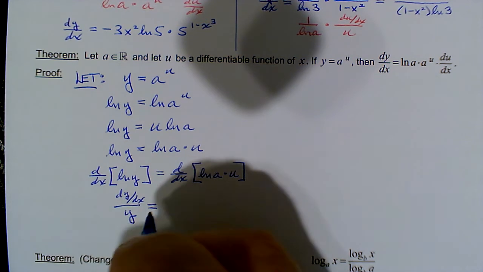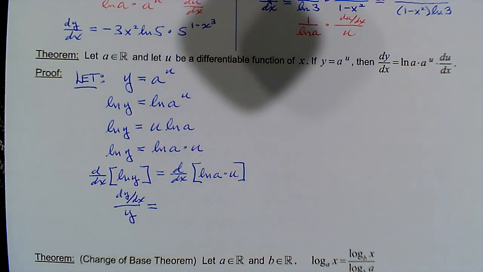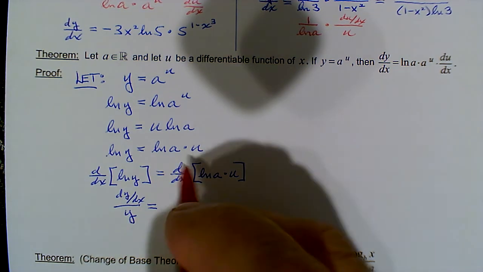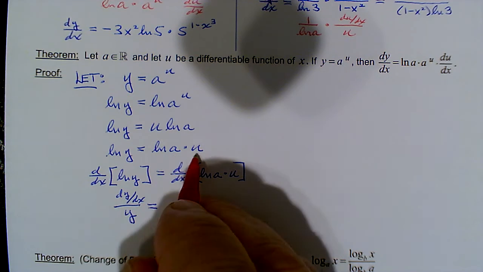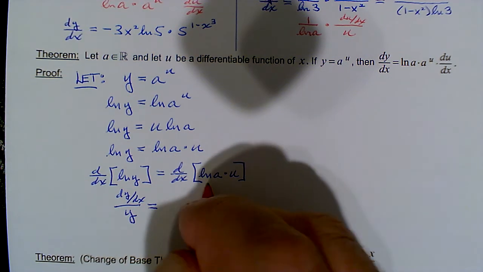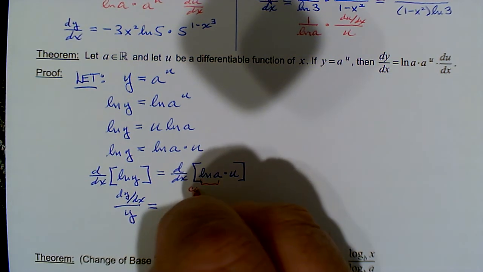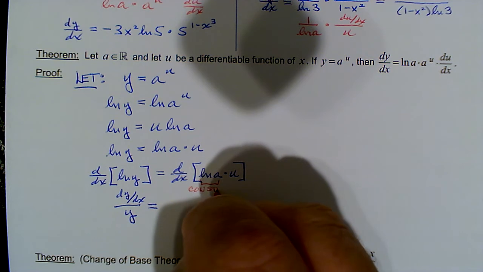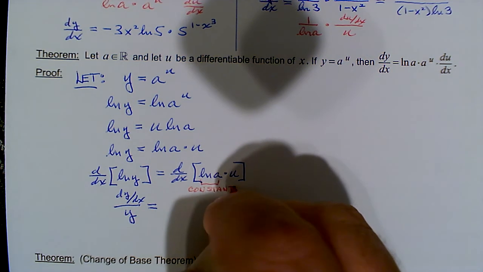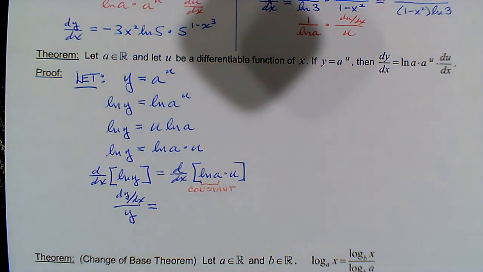And one of the reasons why I rewrote this by using the commutative law of multiplication and putting the natural log of a first is because the natural log of a is just a constant, because we claimed that a was a real number. So no matter what a is, the natural log of a is just another number.